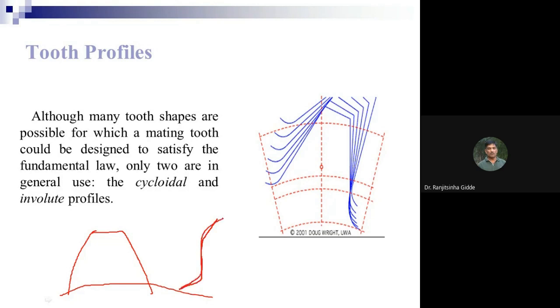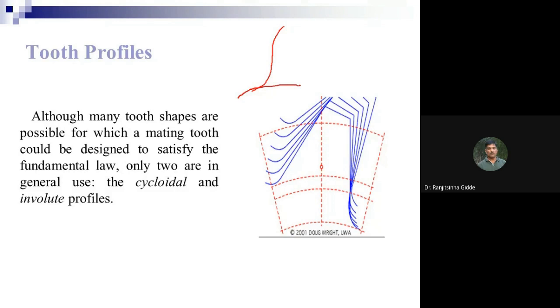This one is called the cycloidal. Here I will draw. Understand it first. Okay. This one is cycloidal, and this is the involute, right?